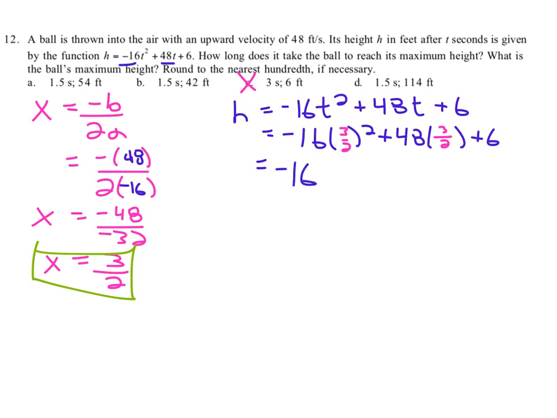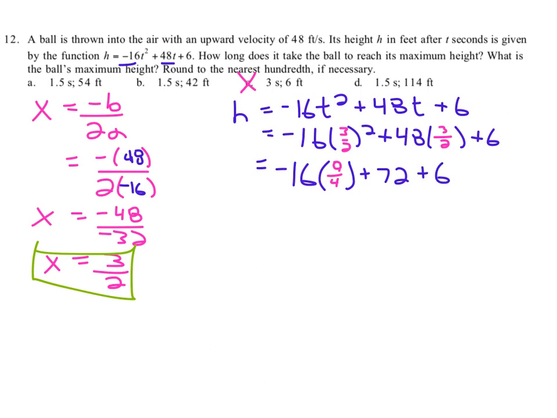This is where we just can't get away anymore with not knowing fractions. 9/4 plus 48 times 3/2. Let's see, 48 divided by 2 is 24, and then 24 multiplied by 3 is 72 plus 6.